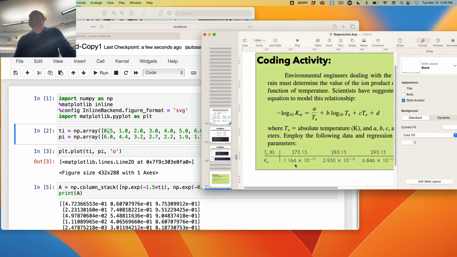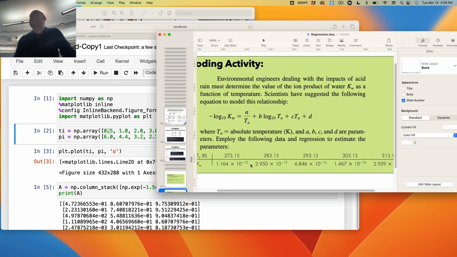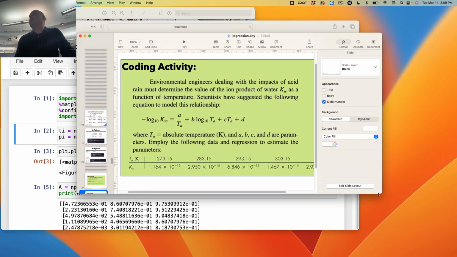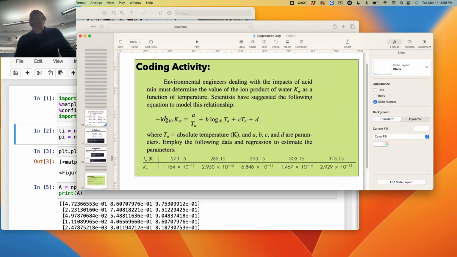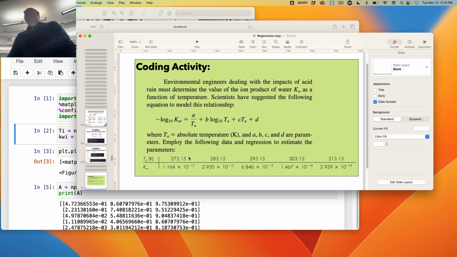Now for my data, I'm going to change the naming. I guess it stays as Ti, so we're going to call it capital TI and KWI. Those are my inputs.